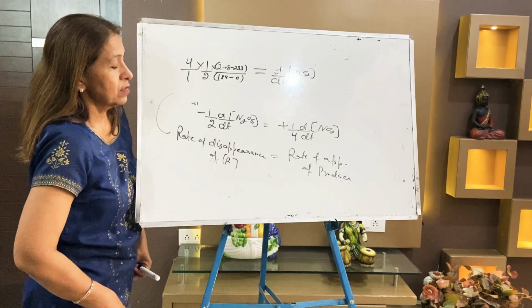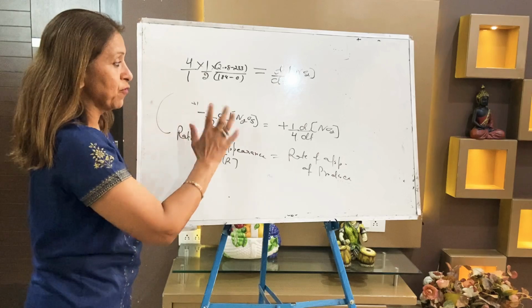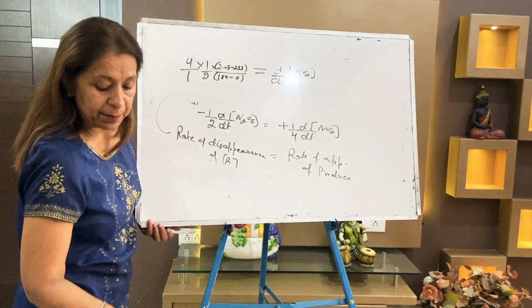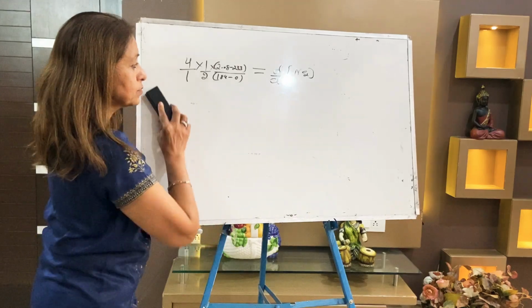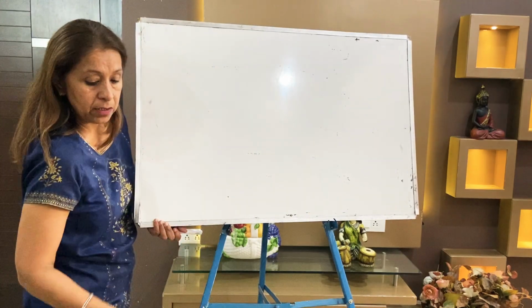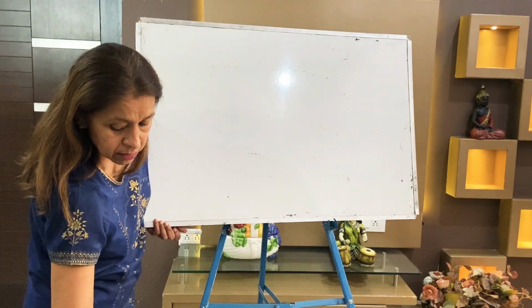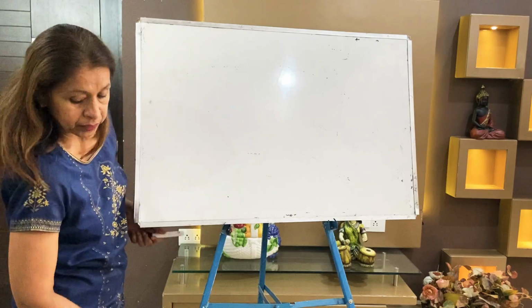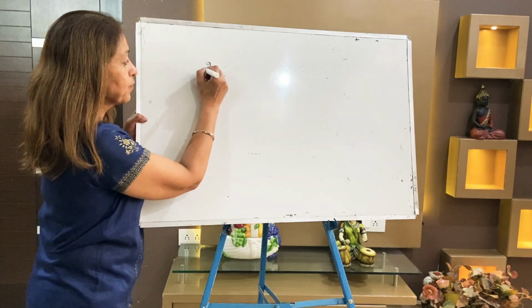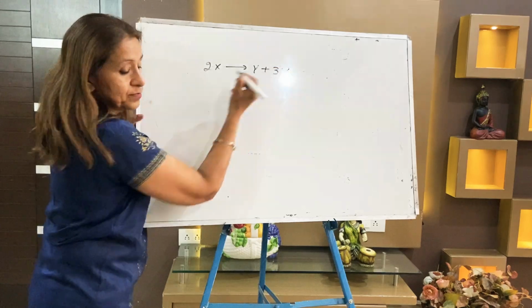This type of numerical is not in NCERT. Now I'm taking one extra numerical. Write down the statement, third numerical. So your numerical is 2x arrow y plus 3z.